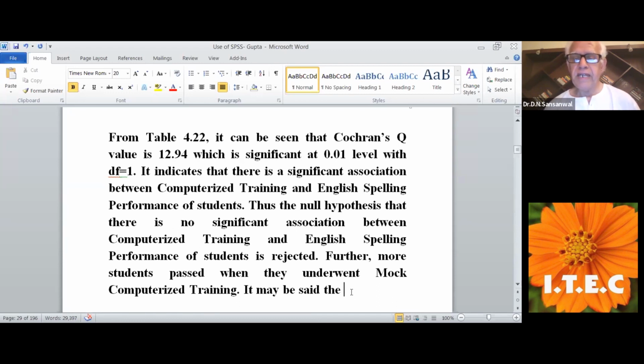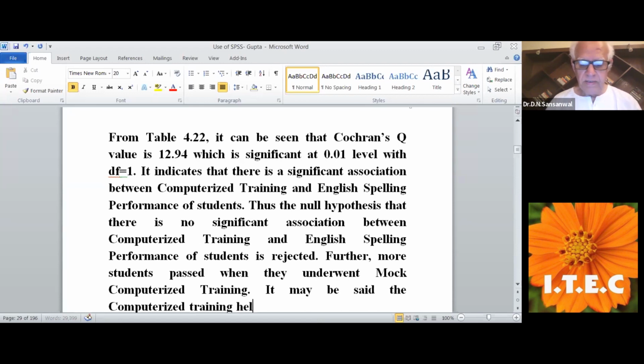So it may be said that the computerized training helped in improving English spelling.